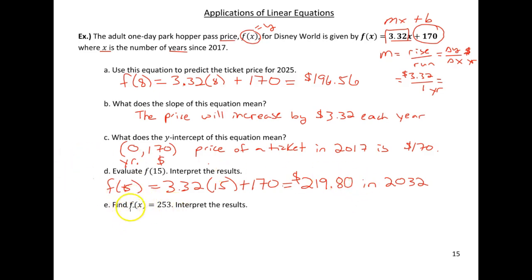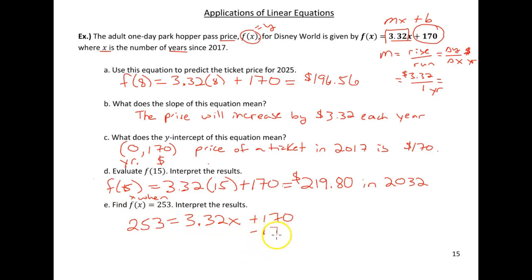This last one, they are giving us f of x. They're saying f of x equals 253. So in my equation, instead of writing f of x, I'm going to replace it with 253. They're telling us the price, and I don't know x. Actually, this should say find x when f of x equals 253. So I was just looking at that and it was weird. I plugged in 253 for f of x. I need to solve for x.